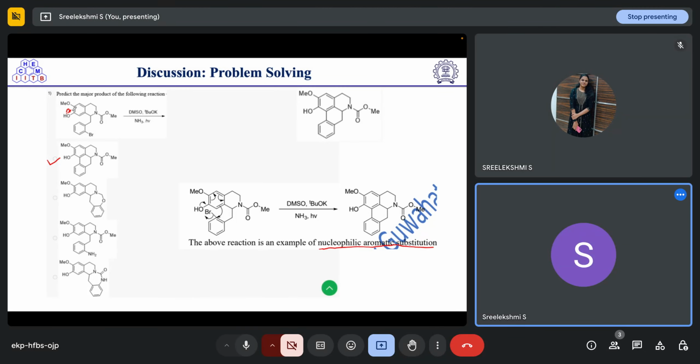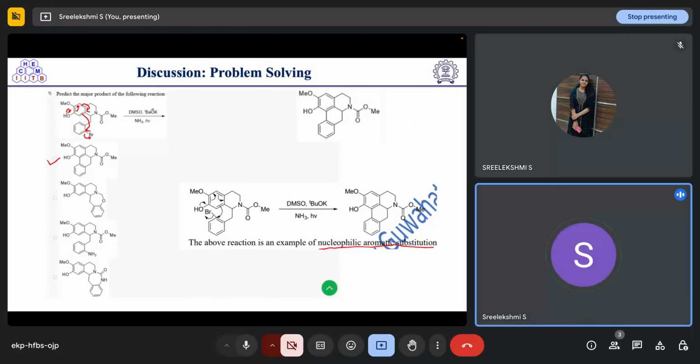This bond will shift over here, and this will be attacking over this bromine center, that is nucleophilic aromatic substitution is taking place, and this will leave out as Br minus.